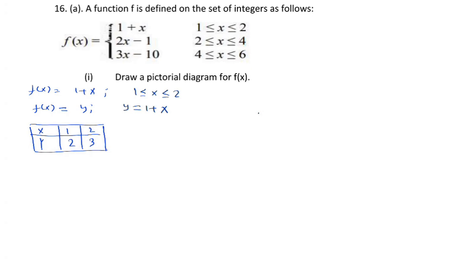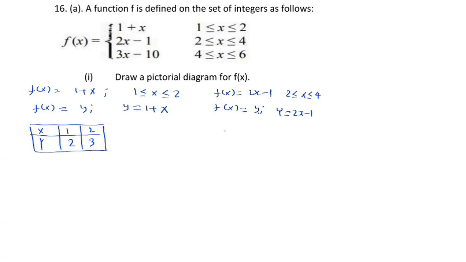Okay, so next we have another function of x which equals 2x minus 1, with values of x as 2 less or equal to x and less or equal to 4. Okay, let function of x equal y. Then our equation is going to be y equals 2x minus 1.